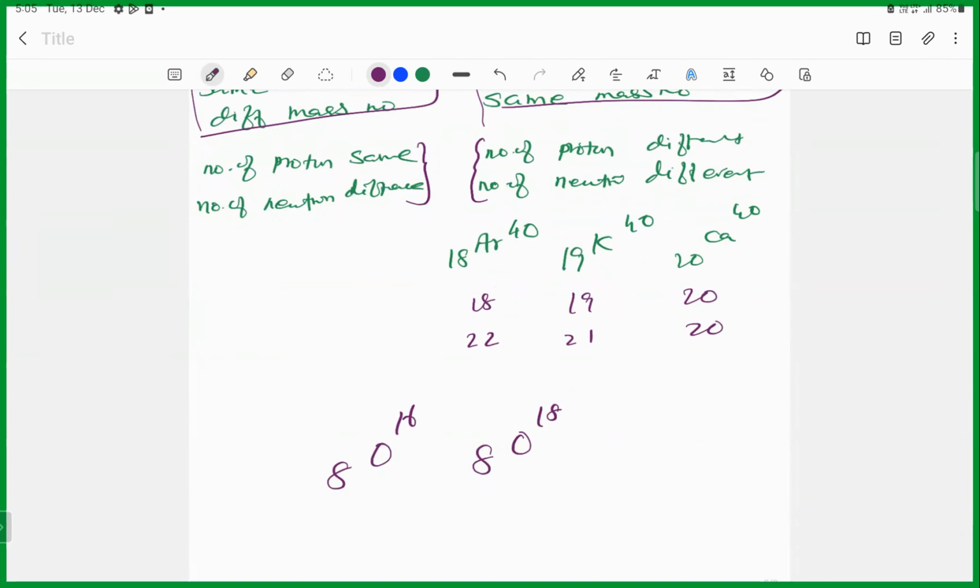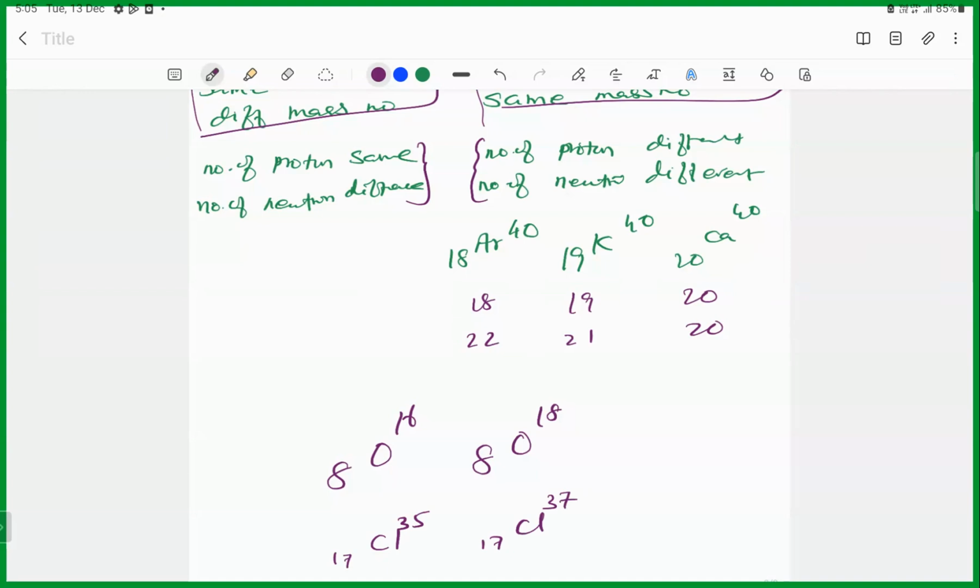That's why it is an isotope. Correct. Fluorine, sulfur. Sulfur is also same. Sir, this is again isotope because they're both the same element, and again the mass number changes. So now you got that point, right?